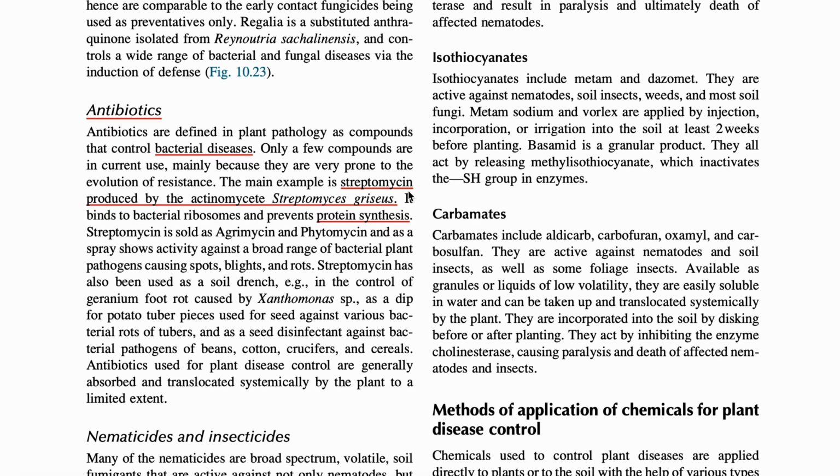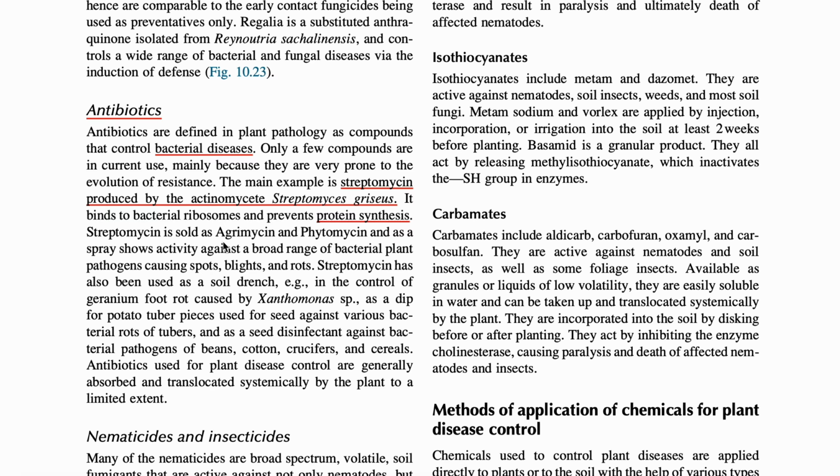For penicillin, the mode of action is that they inhibit murein synthesis. For streptomycin, they inhibit protein synthesis by binding with the 30S ribosome. And for erythromycin, they inhibit protein synthesis by binding with the 50S ribosome. So again, they have different modes of action.